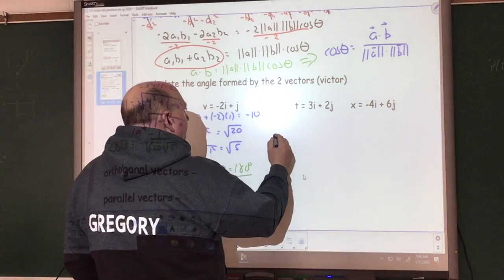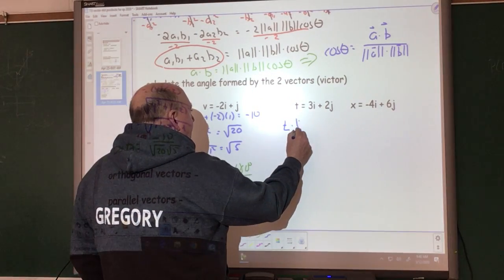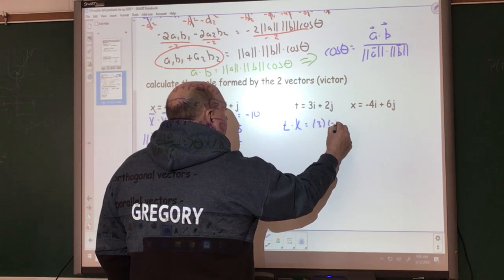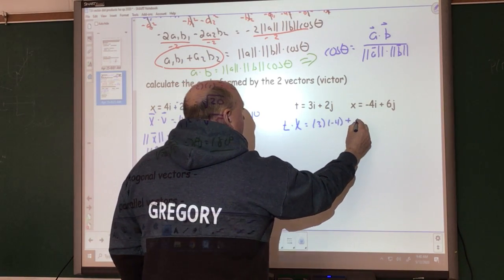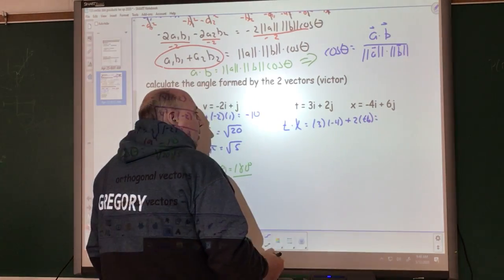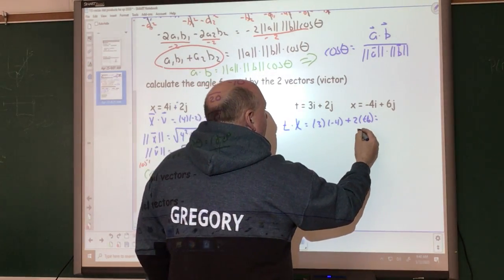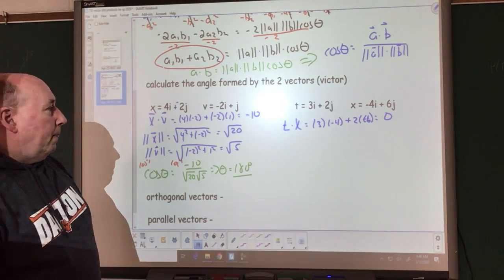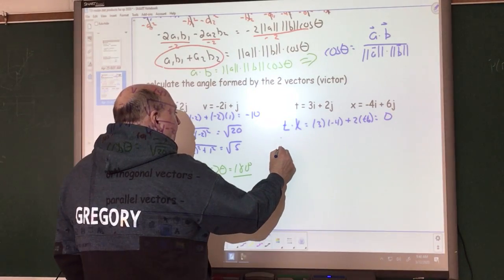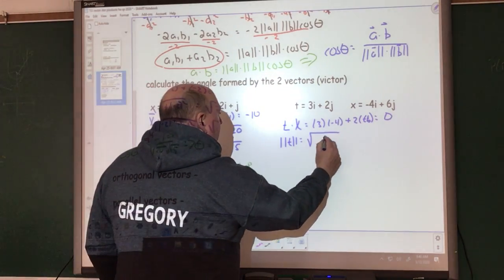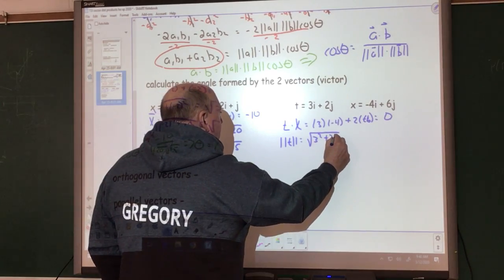So if we take a look at t dot x, we have 3 times negative 4 plus 2 times negative 6. So we get negative 12 plus negative 12, we get a value of negative 24. The magnitude of t is the square root of 3 squared plus 2 squared.